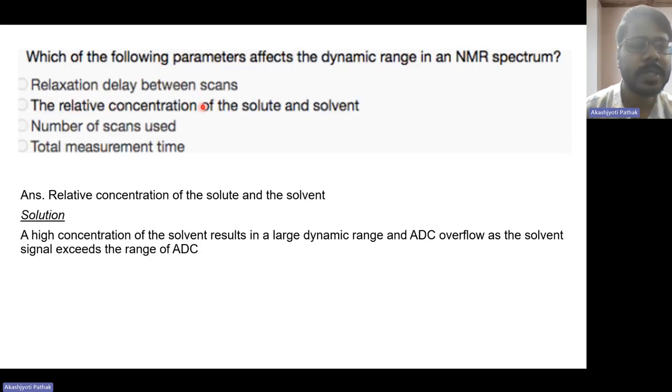Now moving to the next question: which of the following parameters affects the dynamic range in an NMR spectrometer? So the dynamic range will depend on the concentration of the solute and the solvent.